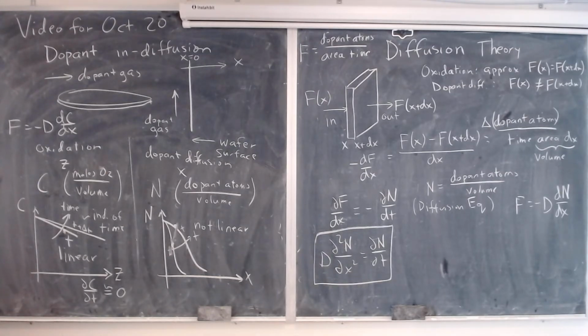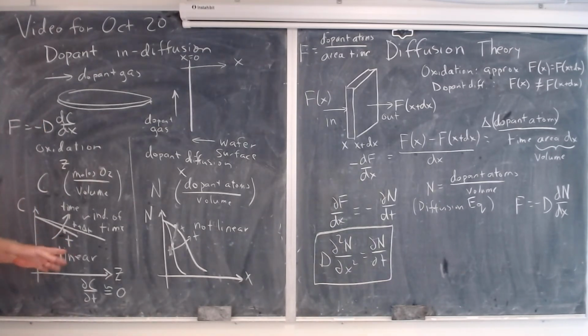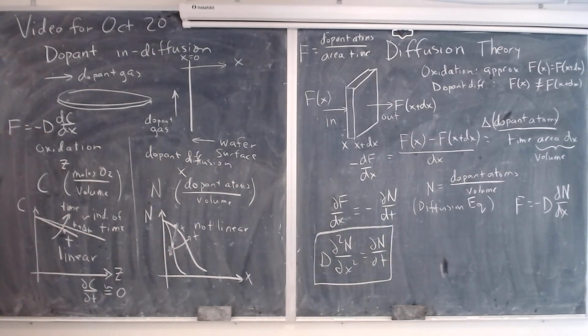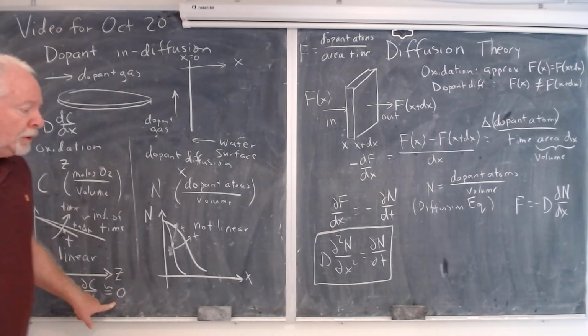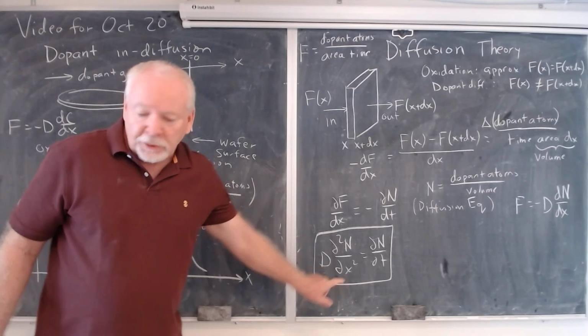You kind of get that, because look at what I've drawn here. These two curves at different times are very close to each other, whereas these two curves here are much farther apart. So in diffusion, at any given point in space, n is changing very fast compared to oxidation, where it's changing very slowly. And so for oxidation, we make this approximation that dC/dt is about 0. That results in the second derivative with respect to x being 0, which means it's linear.